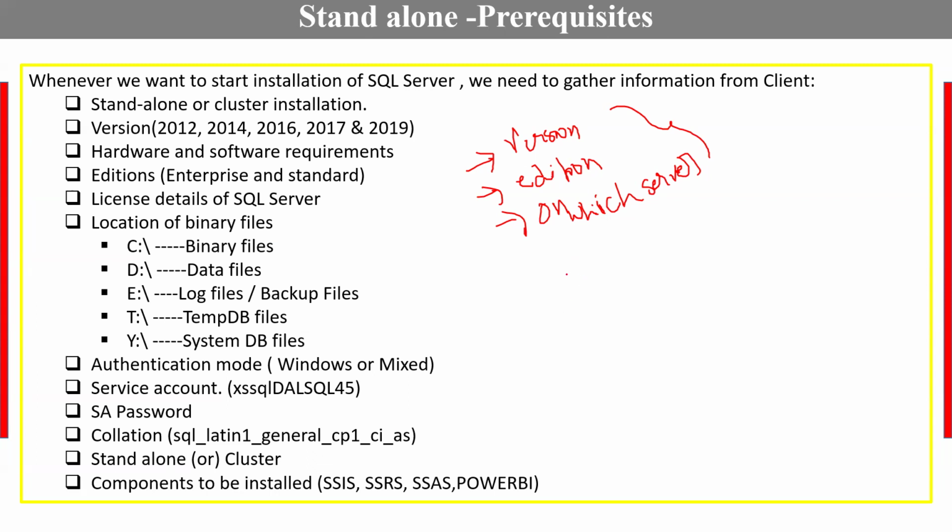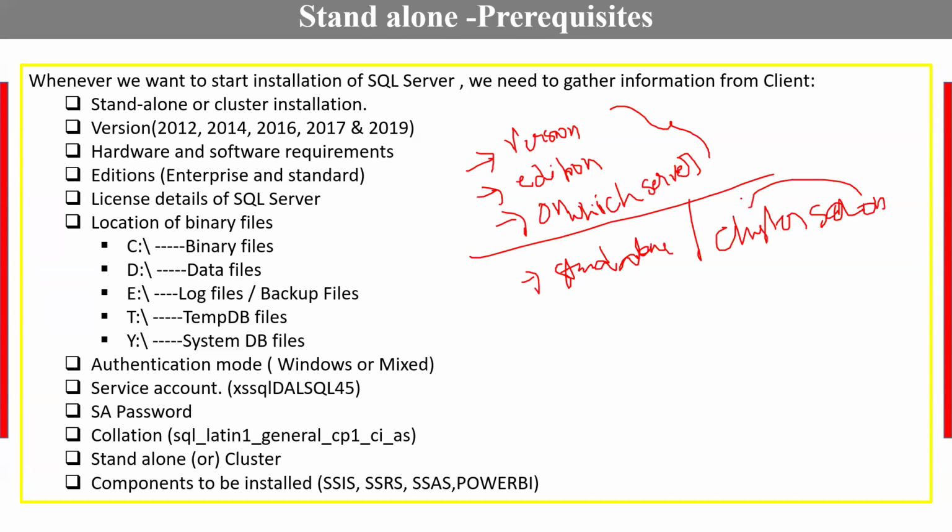Okay, fine. Now, when you go to the SQL installation, this is step one. We have two installations. One is standalone. One is cluster, SQL on cluster. Two installations you will do. One is standalone installation. One is SQL on cluster installation.